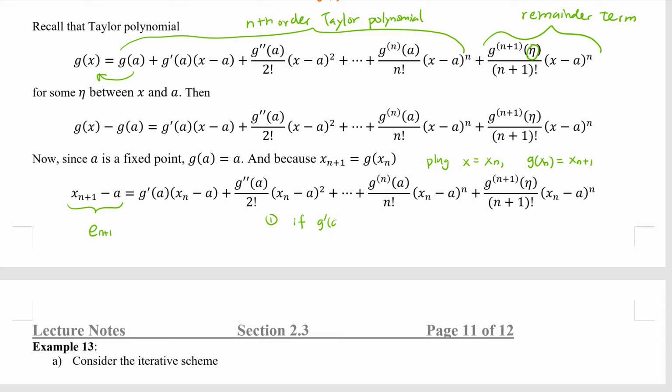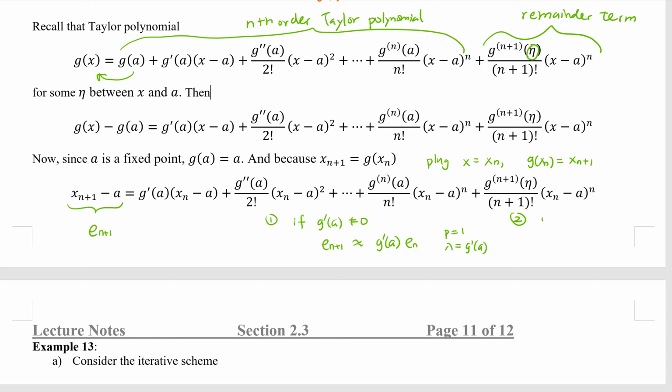If g prime of a is not 0, then we can say e sub n plus 1 is approximately g prime of a times en, right? So that means p equals 1, and the rate of convergence is g prime of a, right?